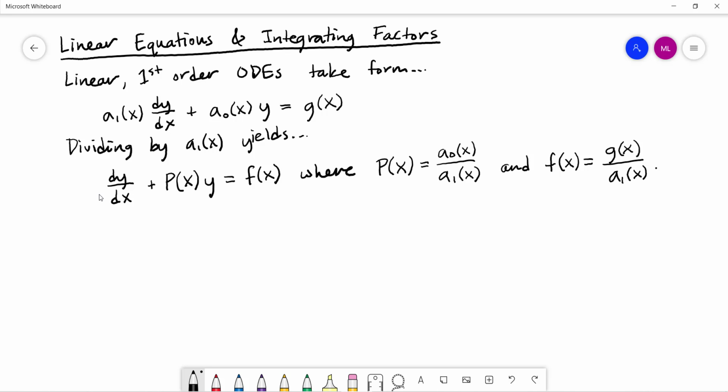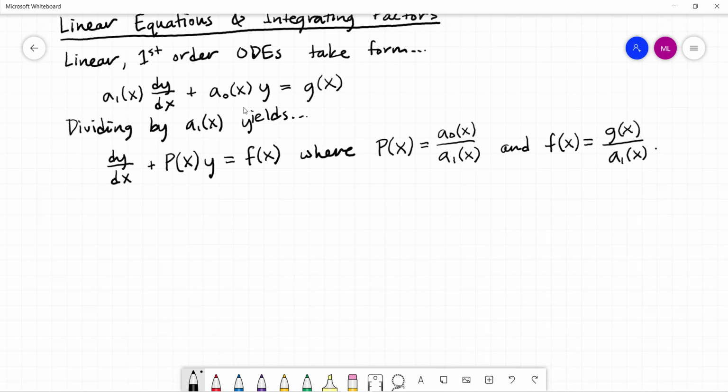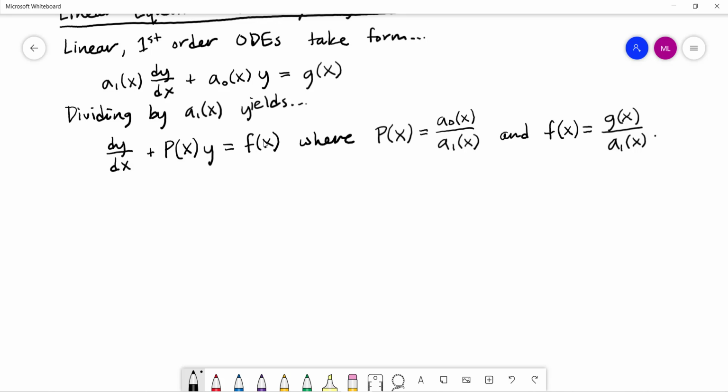Try as we might, we're not going to be able to separate the x and y variables in this particular case, the way that it's set up. I have this x term over here. I would multiply by dx, which would be great. That would turn this into a dy, but suddenly this term would now have a dx in it. And I would try to get rid of that dx by dividing by dx, and that would get rid of the x dependence on this y here, but it would reintroduce it over here.